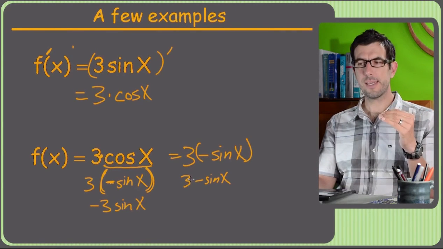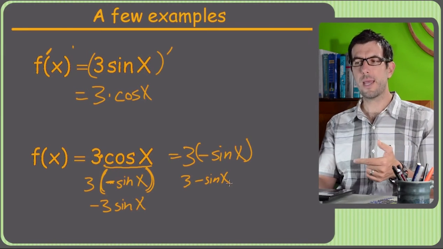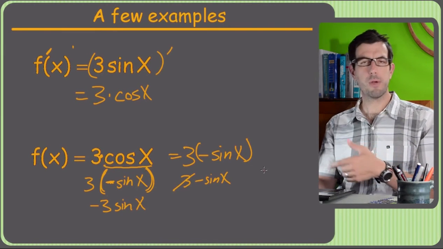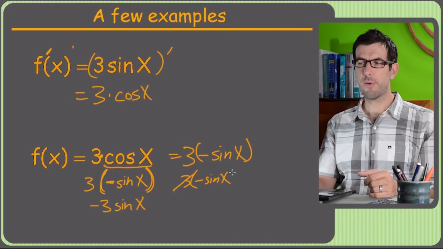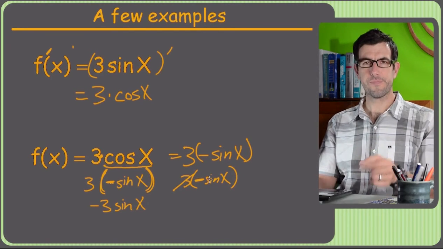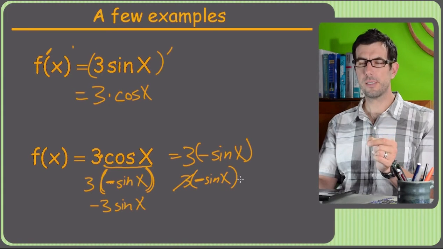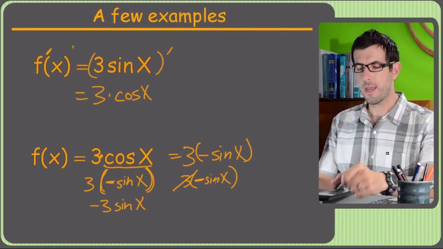Your brain 2 minutes later might look at that and say, oh, that's 3 minus sine x, and then you'll combine this 3 with some other number you got, and bingo, you just got the problem wrong. So that's why whenever you take the derivative of something that has a negative sign in front of it, just put it in parentheses so you remember it's multiplied, not subtracted.